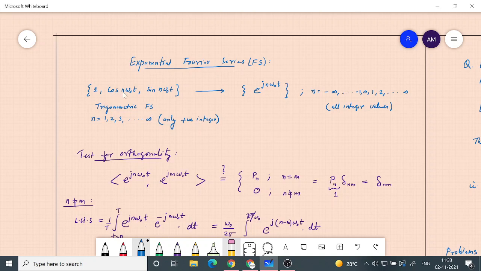If the fundamental frequency omega naught is so small, then in principle all the frequencies will be present, not just discrete frequencies. Right now the set contains only discrete frequencies: omega naught, then 2 omega naught, then 3 omega naught, nothing in between.